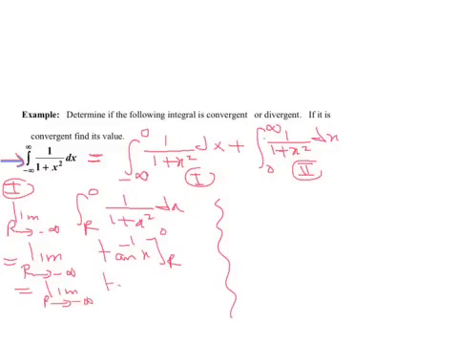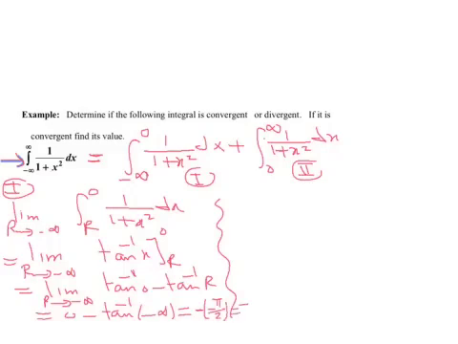You replace now 0 and you replace r, now you put the infinity, you have tan inverse 0, which is 0, minus tan inverse minus infinity, which is minus pi over 2, so this is minus minus pi over 2, which is equal to pi divided by 2. So that's the first one, which is convergent.